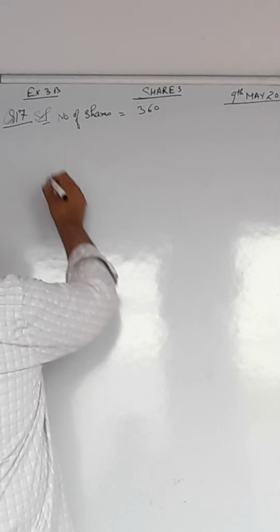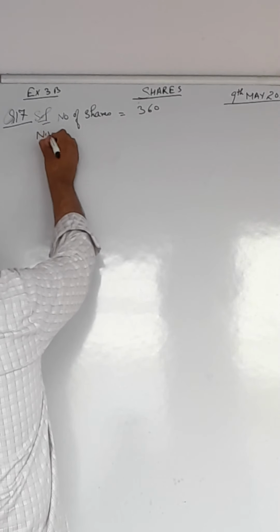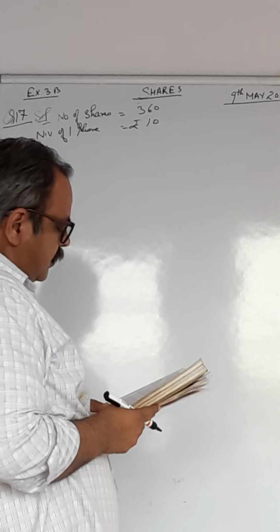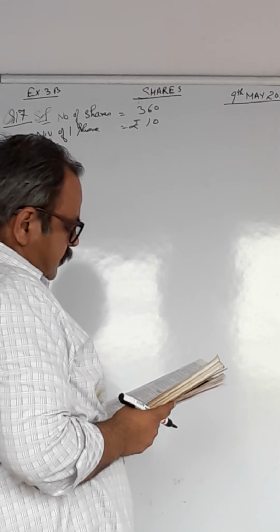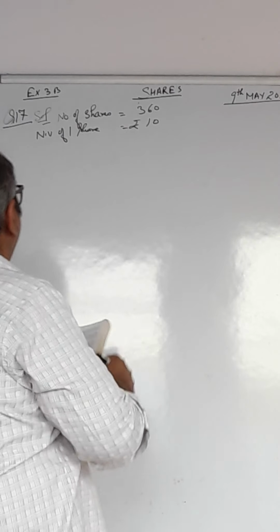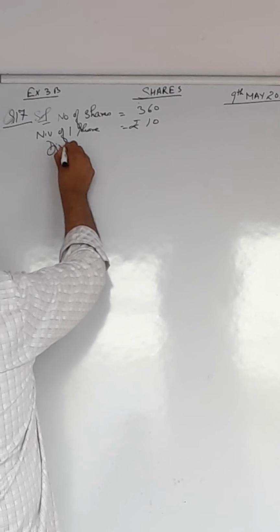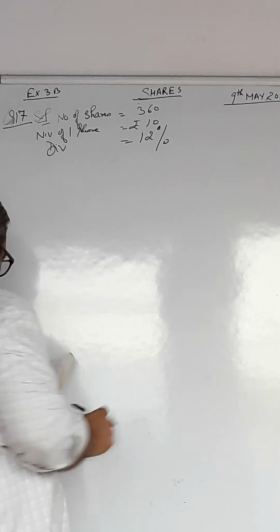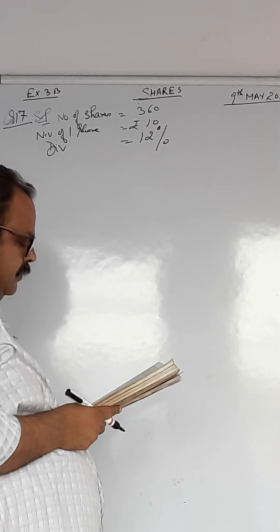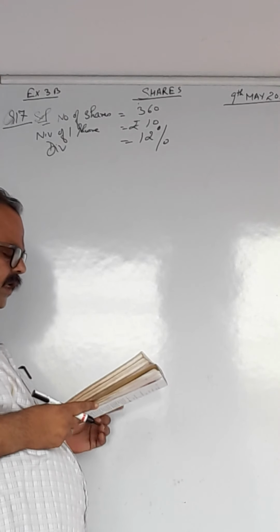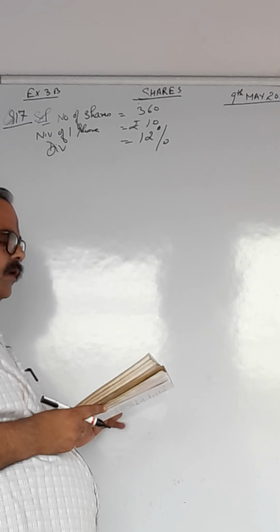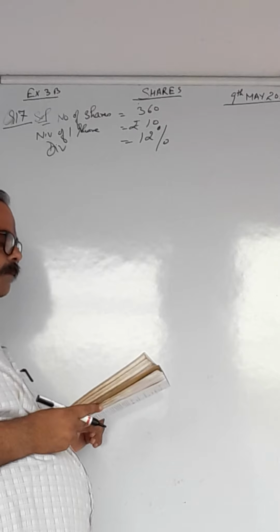Nominal value of one share is ₹10. Paying 12% per annum, dividend percent 12%. He sold the shares when the price rose to 21 and invested the proceeds. Find the annual change in income.